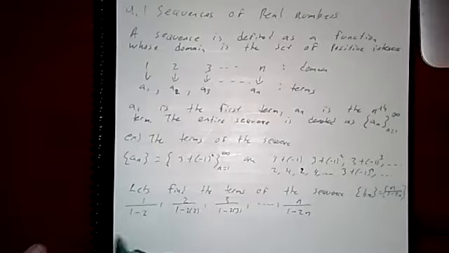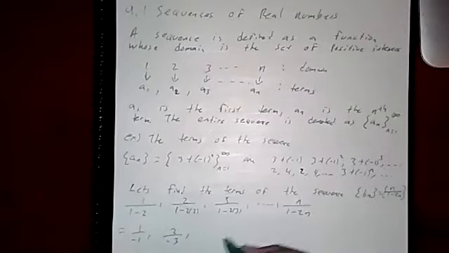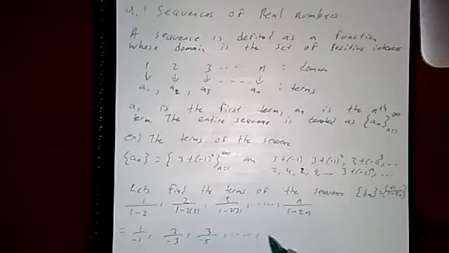So that would be 1 over negative 1, 2 over 1 minus 4, negative 3, 3 over 1 minus 6, negative 5, all the way till the nth term.